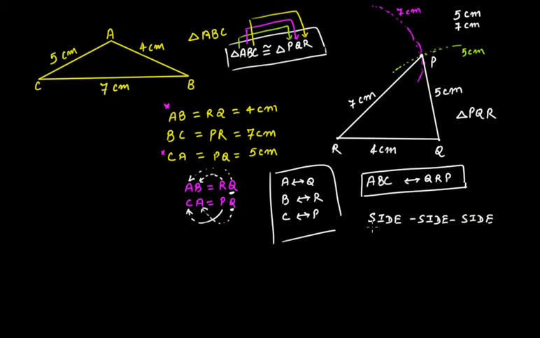And in short, we say it SSS criterion. Right? By knowing three sides, we can exactly draw a triangle. It means that if three sides of one triangle are equal to three sides of another triangle, both the triangles are of the same size and shape, that is, they are congruent.